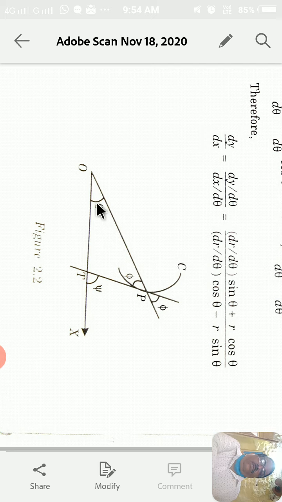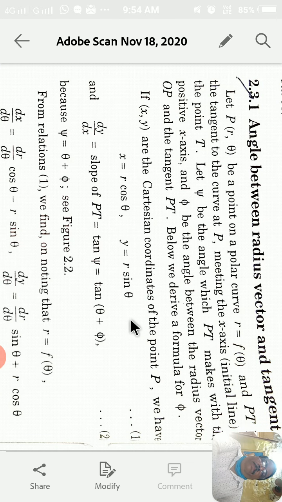Here the interior angles are theta and phi, so we replace psi by theta plus phi. So psi is equal to theta plus phi.